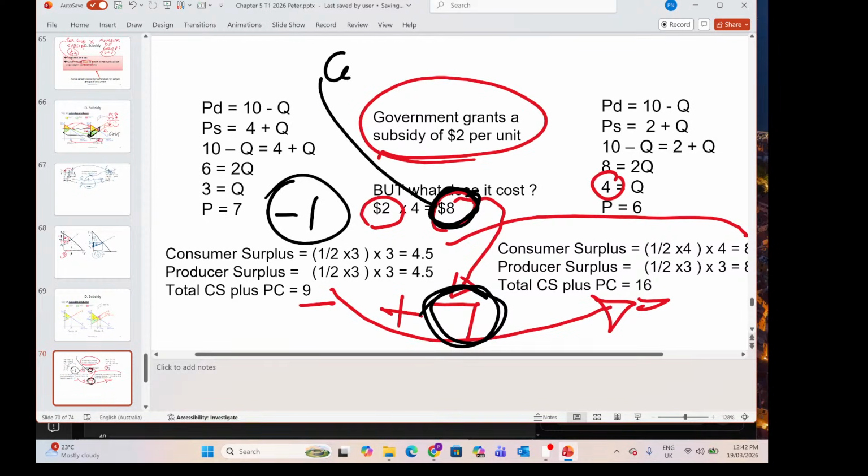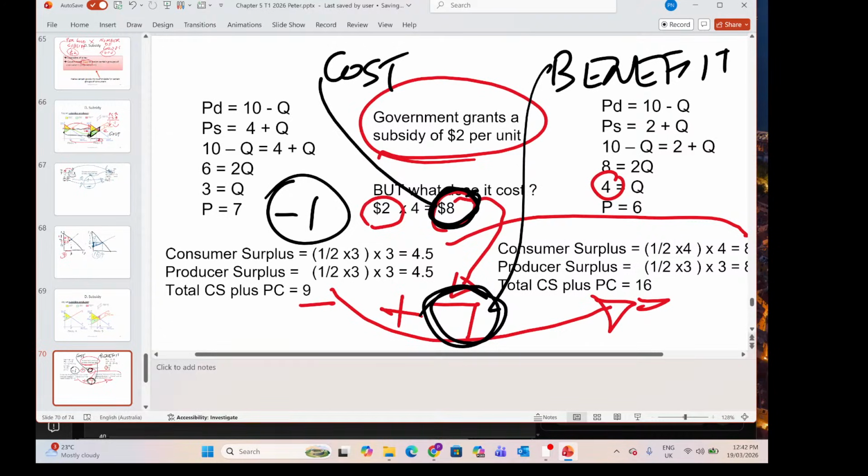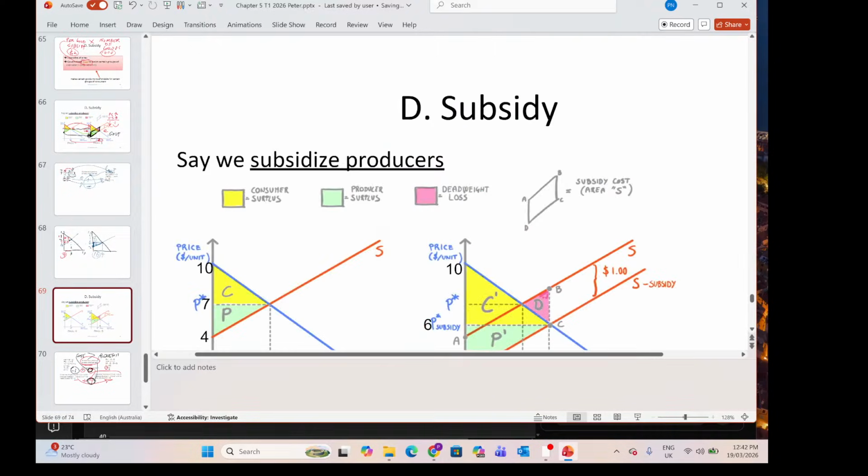There's the cost there. There's the benefit there. And then if we go back to lecture 1, if the cost is greater than the benefit, maybe you should be thinking about not engaging in this practice. We can show that dead weight loss of 1 on the diagram now.